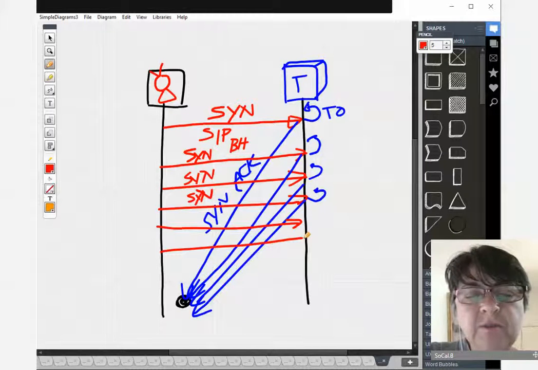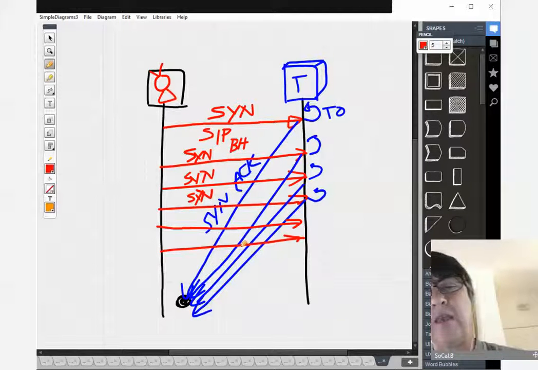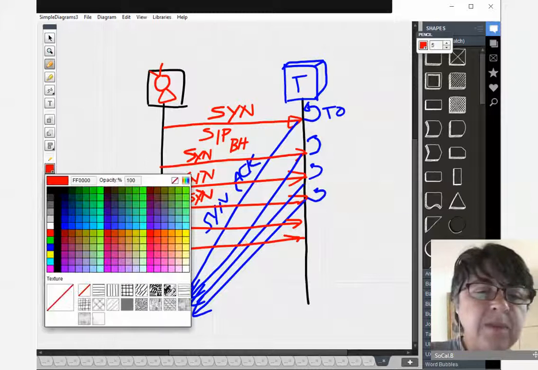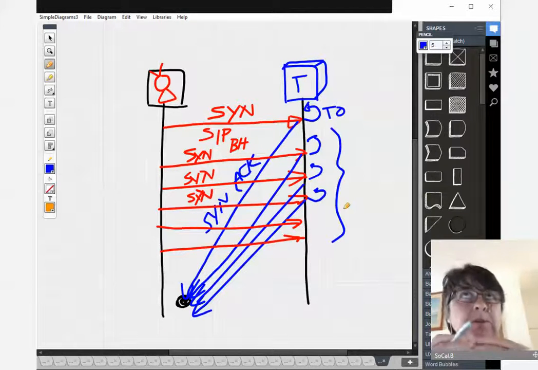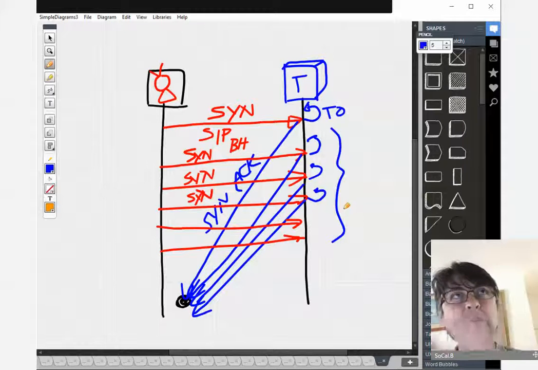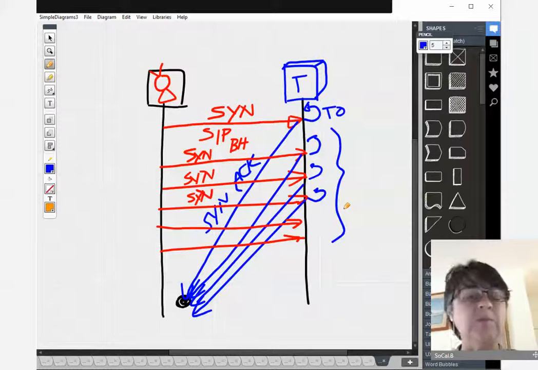Notice how the SYN is flooding. Eventually, the target's memory is going to be used up. There's a pool of memory that is set aside just for accepting these new connections, and that's going to be used up.